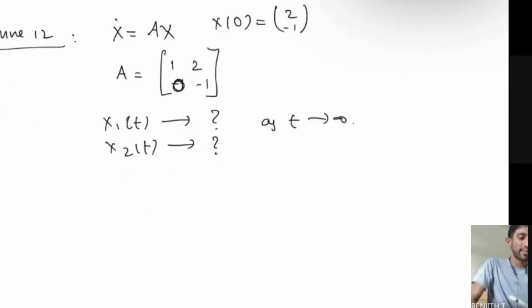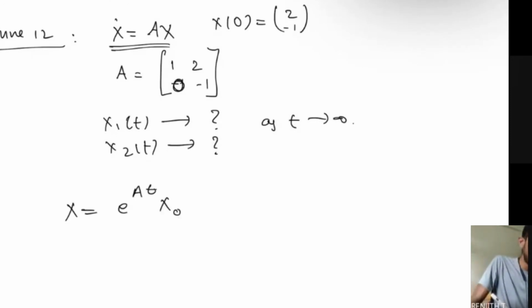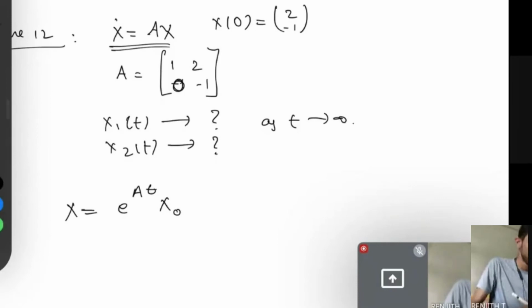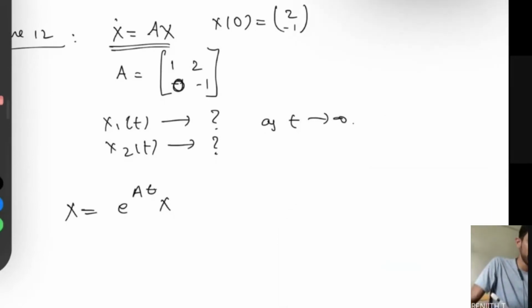So here, if x dot is equal to Ax, the theorem of differential equations says that x is equal to exponential of At acting on x at 0. Okay, x is equal to exponential of At times x at 0.